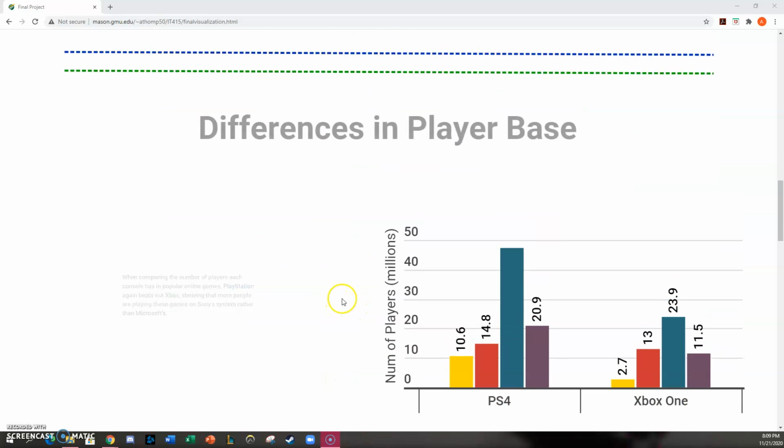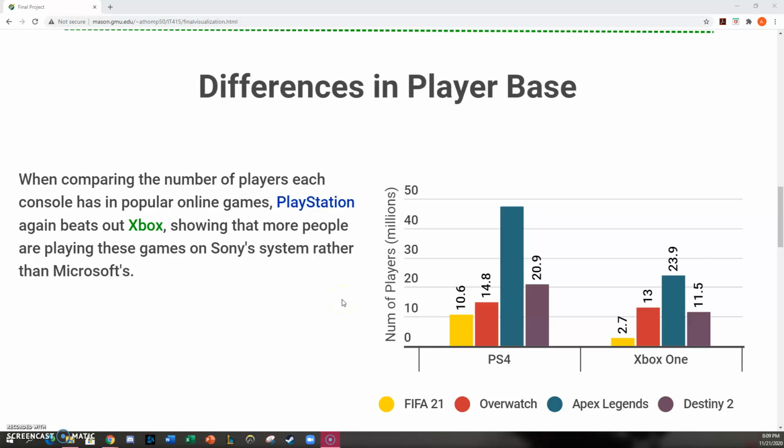Next, if we take a look at the player base for each console, on the right we have some popular online games that are offered on each console, such as FIFA, Overwatch, Apex Legends, and Destiny. And as you can see, when looking at some of the games, FIFA 21 has 10.6 million players on PlayStation 4 rather than 2.7 million players on Xbox One.